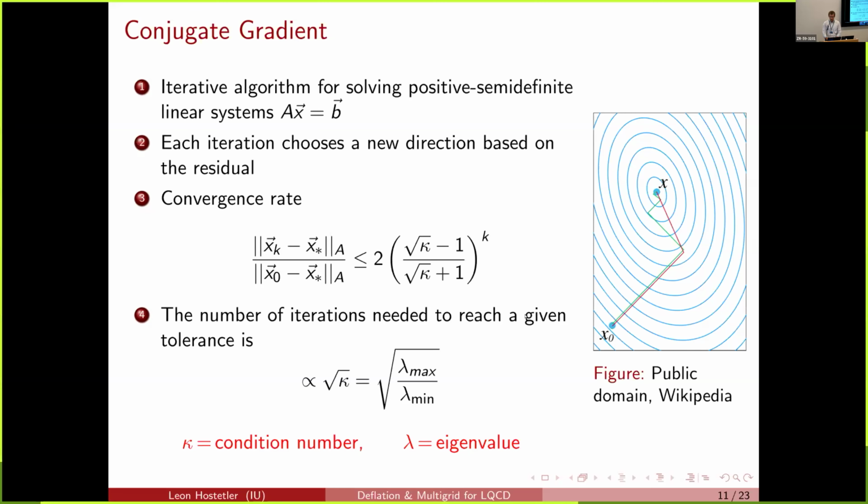What's important is that the number of iterations that we need in order to reach the solution is given by the square root of the condition number of the system. And the condition number is the largest eigenvalue divided by the smallest eigenvalue. So in a sense, it's the range of the eigenvalue spectrum of the system.